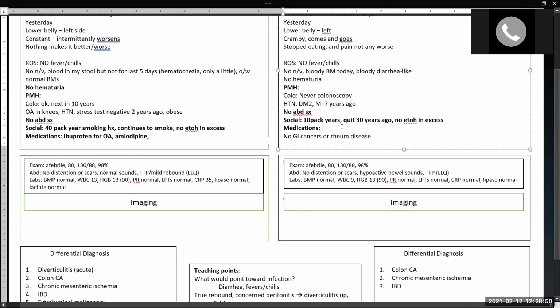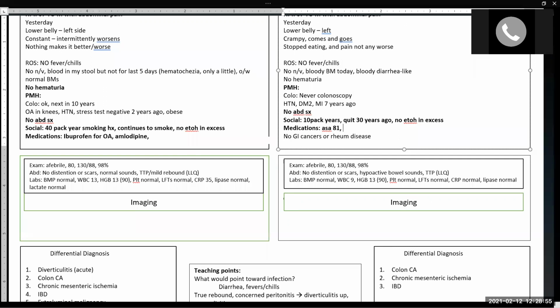And the second patient, because of his MI, is on aspirin, atorvastatin, metoprolol, HCTZ, which was recently increased, and then metformin.